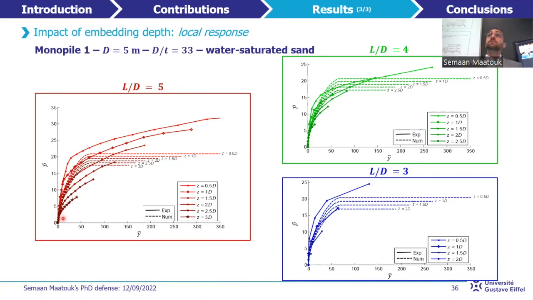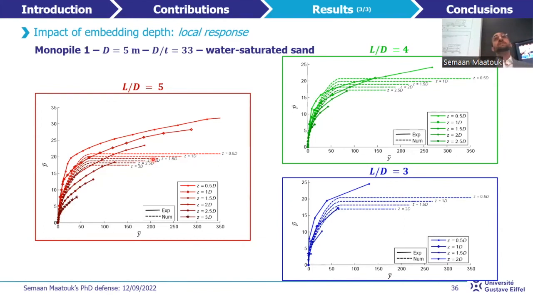For small loading amplitudes, p-bar increases progressively with y-bar, then it tends to decrease without reaching a plateau for high displacement amplitudes. The numerical response captures the first trend. However, during the second phase, a plateau is reached in the numerical model.